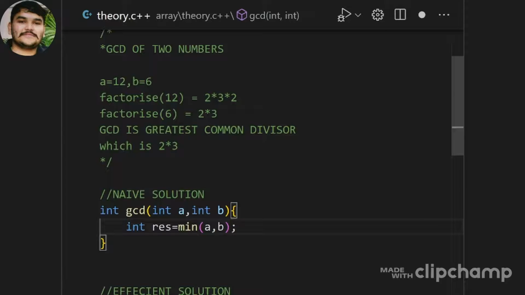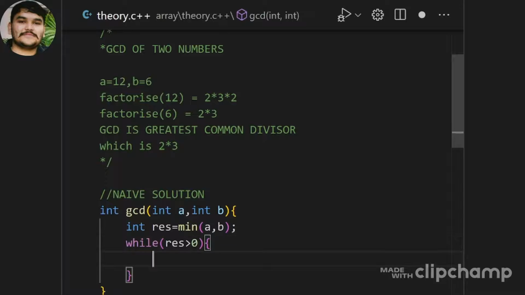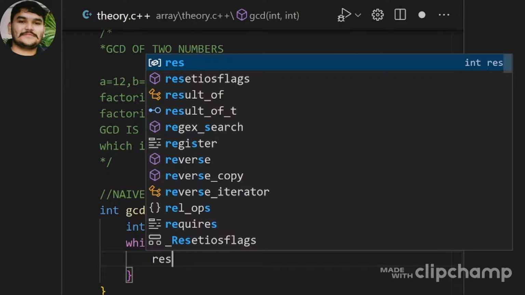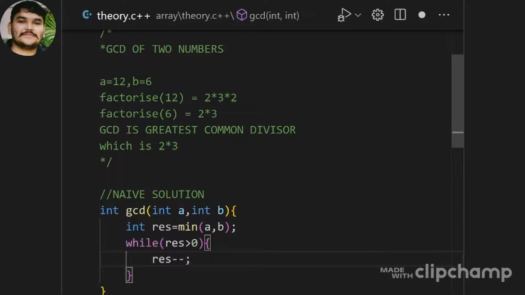So we find the minimum first, then we run a while loop while result is greater than 0, and we decrement it in the loop, otherwise it will go into an infinite loop.